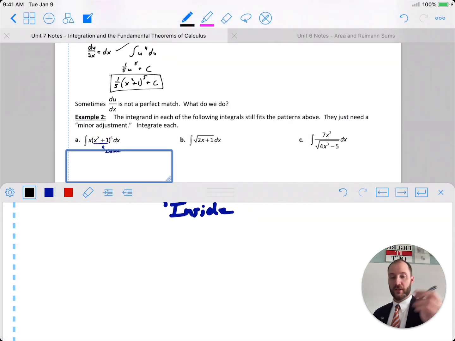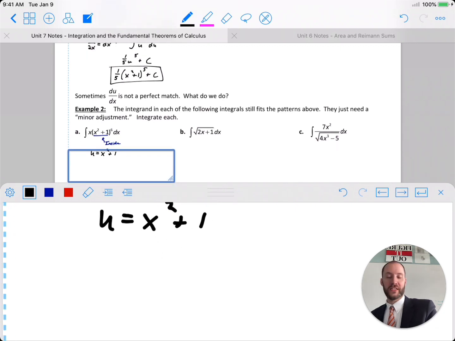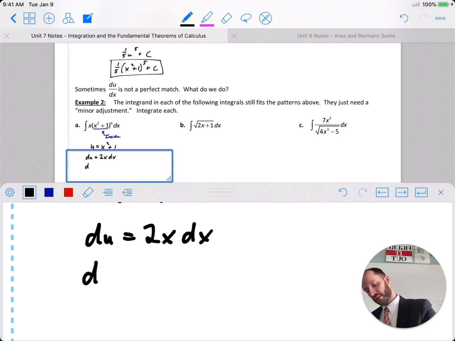So we'll go ahead and do the u-sub process. So u equals x squared plus 1. Implicit differentiation. Du equals 2x dx. The 1 goes away. Solve for dx. So du over 2x equals dx.